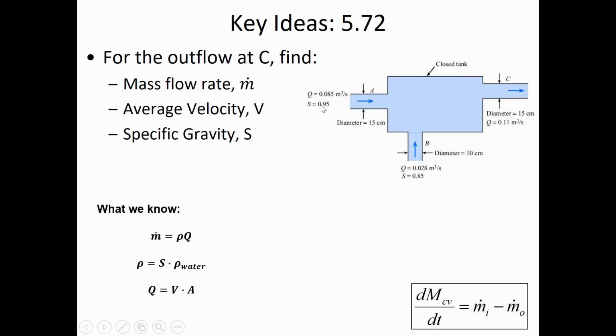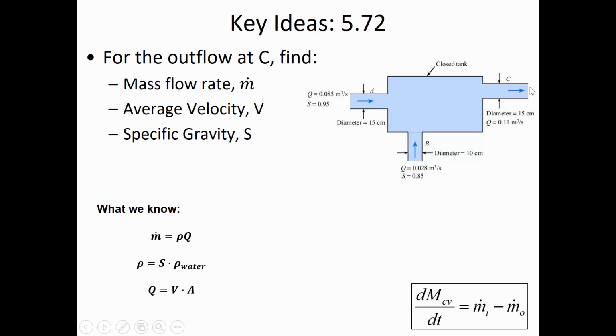So with the specific gravity that's given at A and B, you can find the density of the fluid that's coming in at A and the fluid that's coming in at B. And so if you know the density of those fluids, then you can find the mass flow rate. Essentially, the mass flow rate out will be the mass flow rate in, and then, well, what about the velocity?